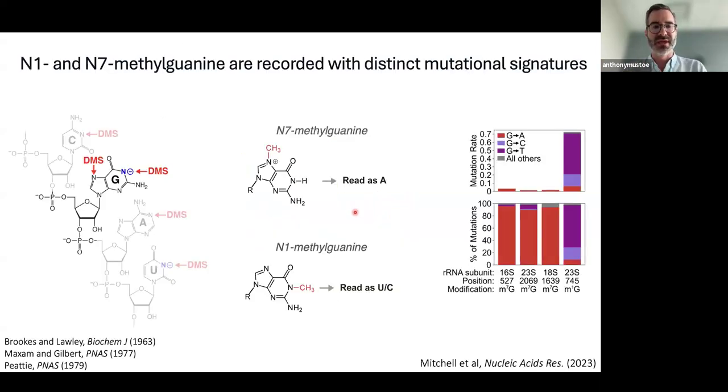We hypothesized that this was because what we were detecting at low levels was DMS modifications at the N7 position.